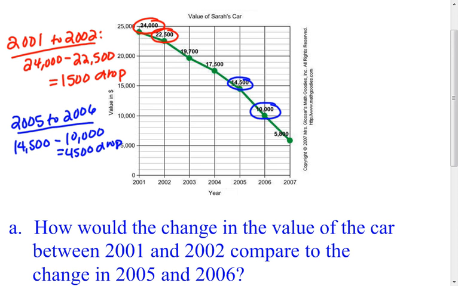So basically the car depreciated or decreased in value much more from 2005 to 2006 than it did from 2001 to 2002. Okay, much bigger drop here.